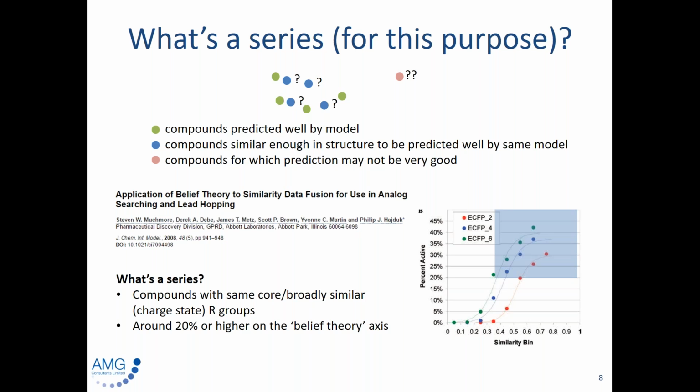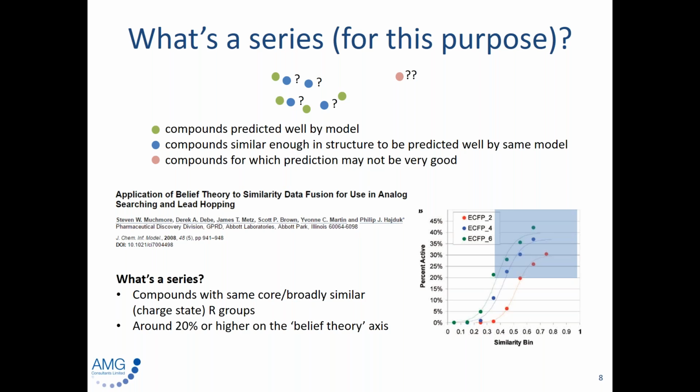There are more mathematical ways to look at this, and this is a paper from a few years ago from the AMG group, who looked at a variety of different similarity methods and coined this idea of using belief theory. And from my experience, the idea of what's a series more or less coincides with roughly halfway up this curve of the percent likelihood of similar activity, so the 20 to 30% area.